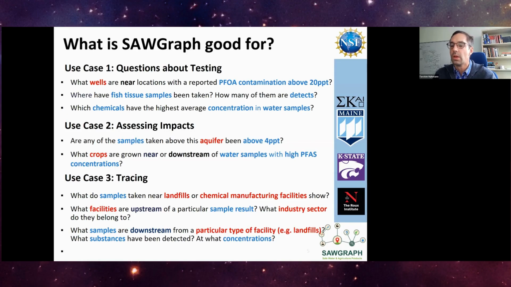So for example, PFOA is one of the most common ones. PFOS is another common one, but there are many others that are tested for. And then we are interested in the level. For example, are there certain samples above 20 parts per trillion or 4 parts per trillion, or what are the levels that we see?